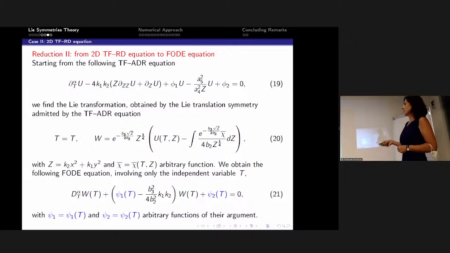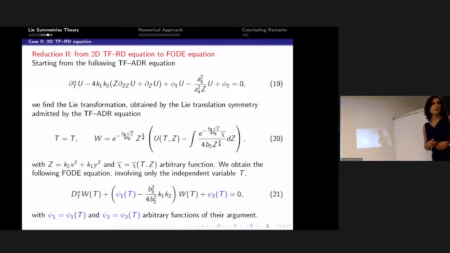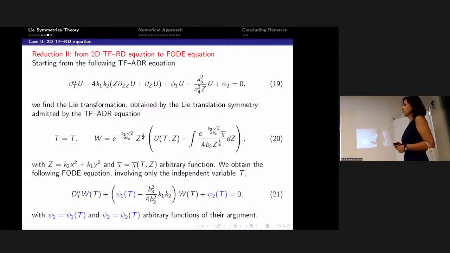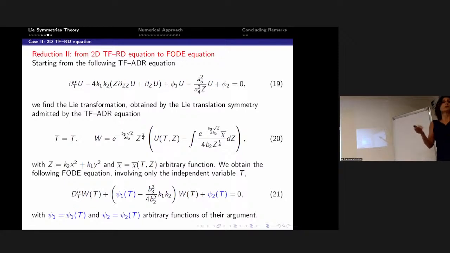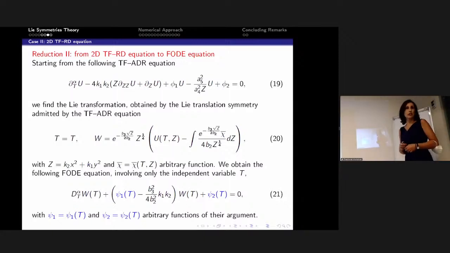Also in this case, we have psi1, psi2 arbitrary functions, and we obtain an equation involving only the independent variable capital T, where the only dependent variable is capital W. Also in this case, we can analytically solve equation number 21. We obtain, by means of two inverse transformations, the exact solution of the original model.